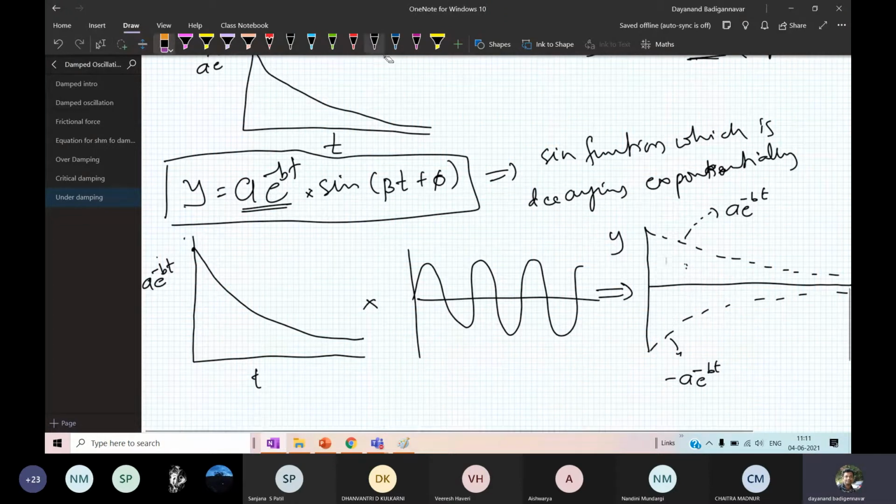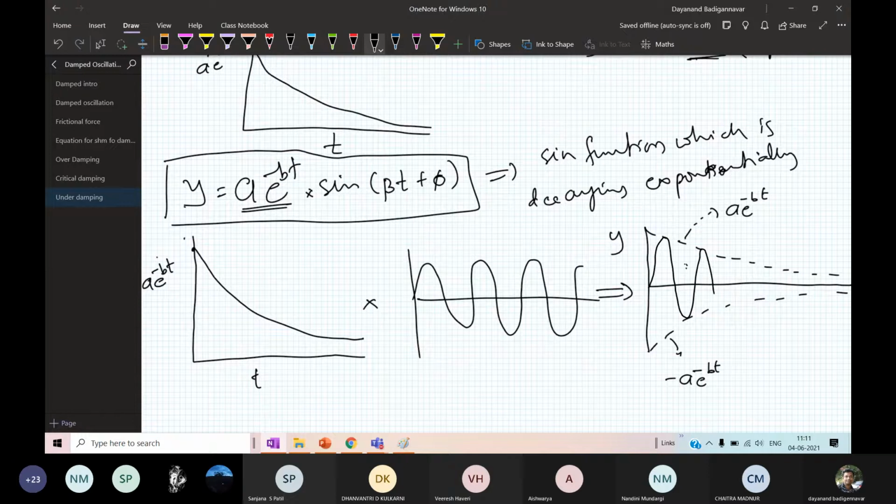So the sine function is now decreasing in an exponential manner. Look at this. Got it? This is how the amplitude y is decreasing. This is 0. So it is a sine function which is decaying in an exponential manner. What does this mean?